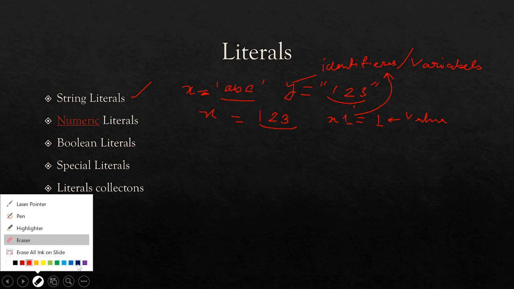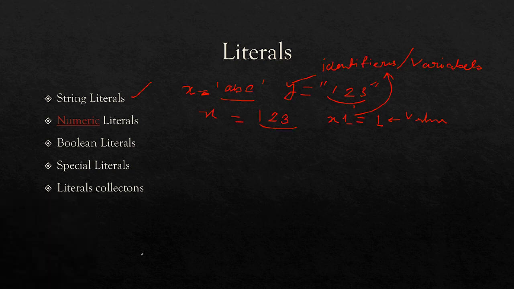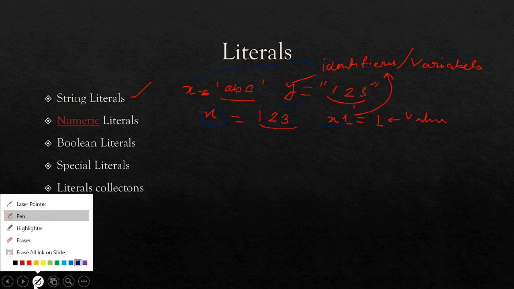Let me change the color of the ink so that you can understand it better. This is a literal, x is an identifier. This x1 is another identifier. y is another identifier, and here this x, which I have circled in blue, is another identifier.